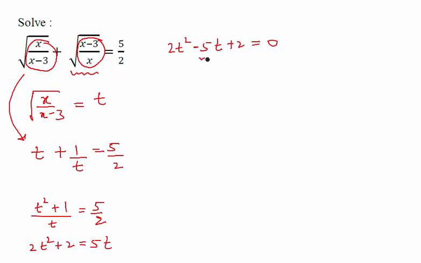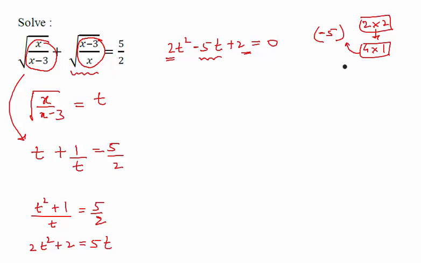To do that, let us use our method of splitting the middle term. So I need two numbers which will give me minus 5 as their sum, and their product should be equal to 2 into 2, right? Instead of 2 into 2, let us try to write it as 4 into 1. 4 into 1 is the same as 2 into 2, but their sum is not coming out to be minus 5.